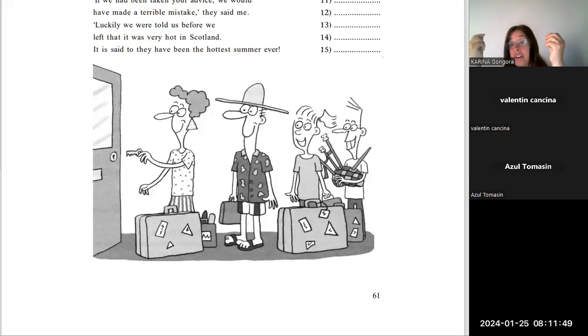If we have to speak about functions, the job of the relative clause is very similar to the job of an adjective. It's giving you information about the subject, about a noun, about anything. Sometimes it's just extra information, but sometimes it's information that is very important for you to understand what we are talking about, right?